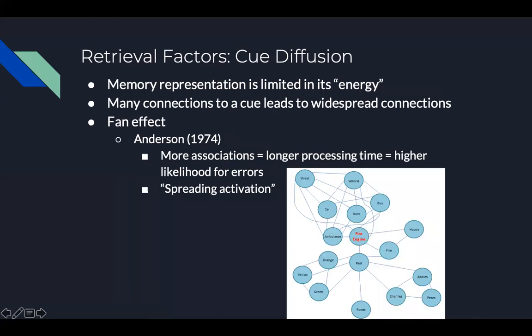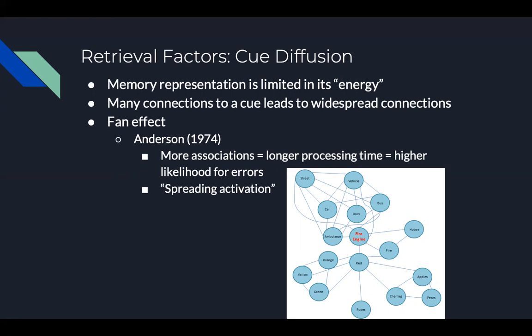So another factor in retrieval that has to do with cues is this idea of cue diffusion. And one of the assumptions that cognitive models about how we make meaning, and how meaning is then represented in the mind, make is that they talk about the activation of memory representation as being a limited resource. And so again, this idea that our cognitive abilities are limited in terms of their resources, in terms of their energy.